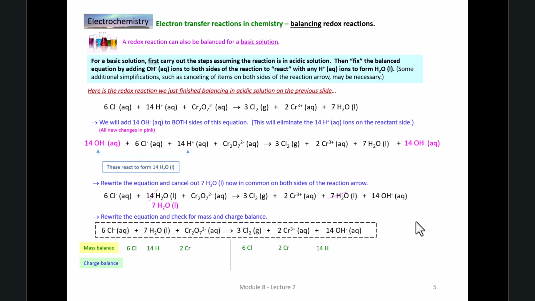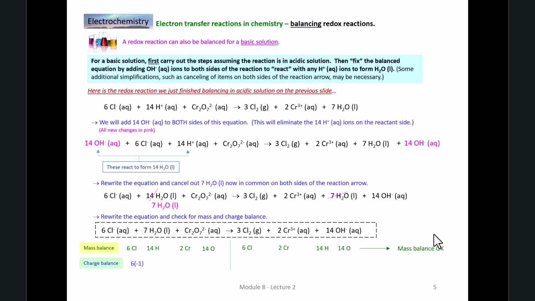We have 14 oxygens on the left. And you say, where did they come from? Well, it would be 7 from the water and 7 from the dichromate ion. And we have 14 oxygens on the right. So this equation appears to be balanced according to mass.